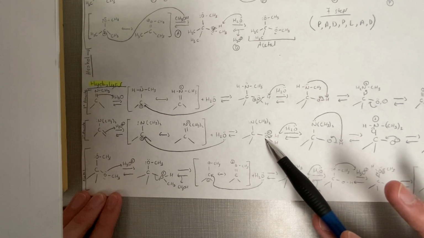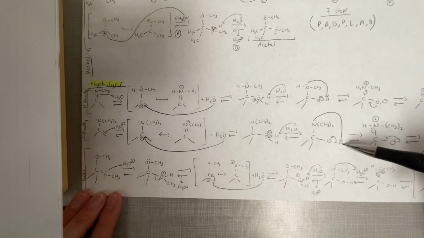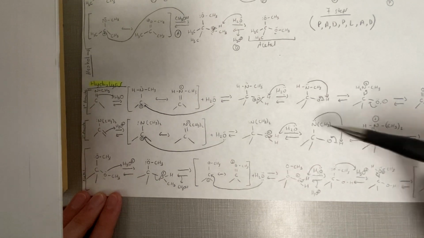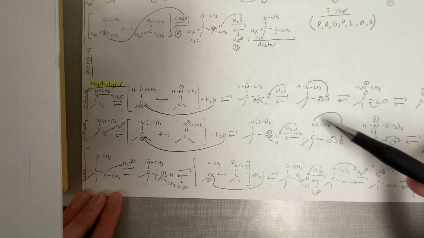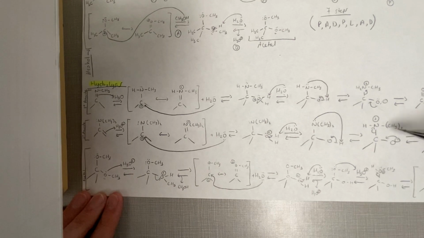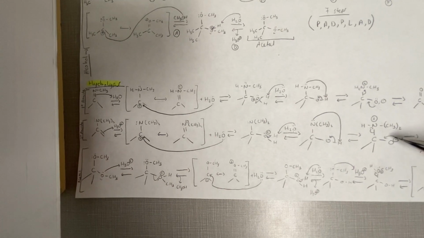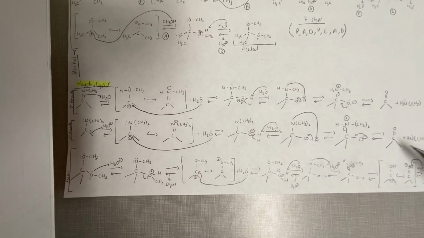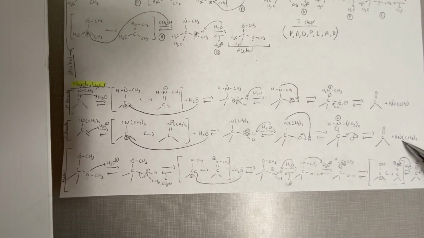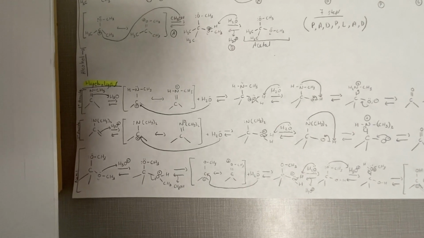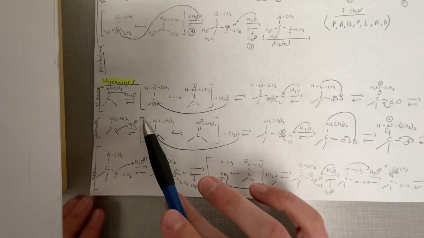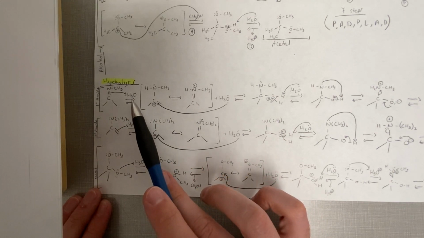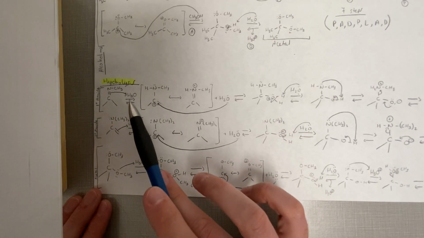This bond rolls back on the oxygen, giving the whole molecule a neutral charge, and then the intramolecular reaction occurs again, giving us the same product as above, and then we end up with our ketone and our secondary amide.